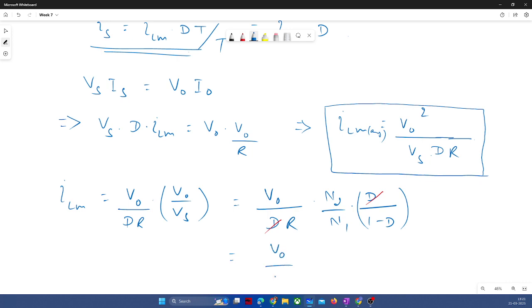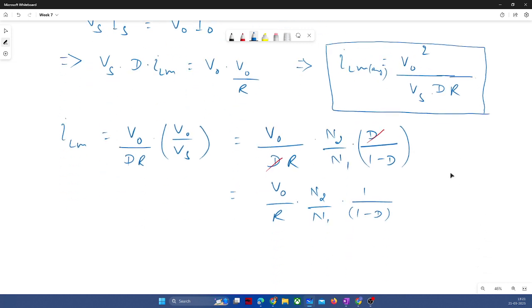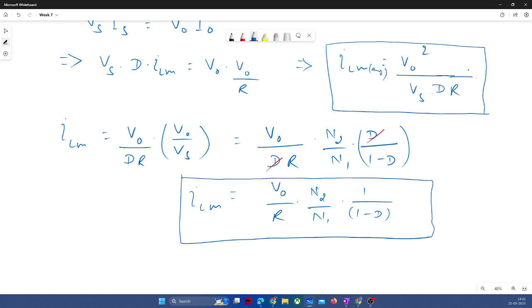You get V naught by R by N1 and so on. So anyway, you can compute it. If you do not know the supply voltage Vs, you can go ahead with this expression. Otherwise, you will be fine with the first.